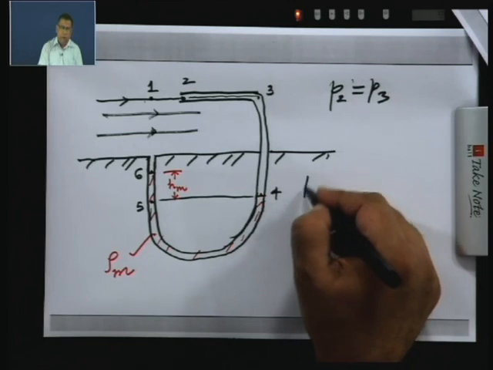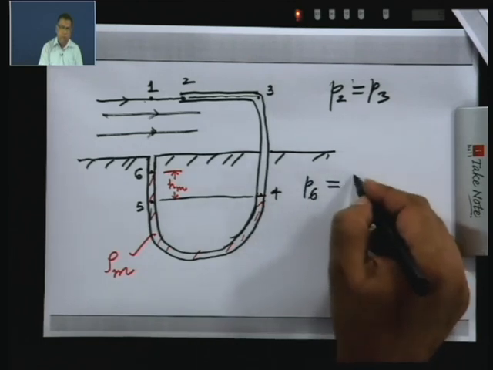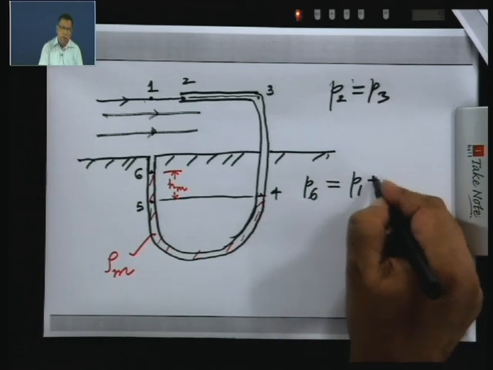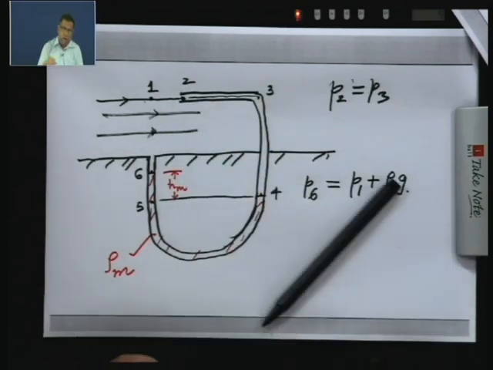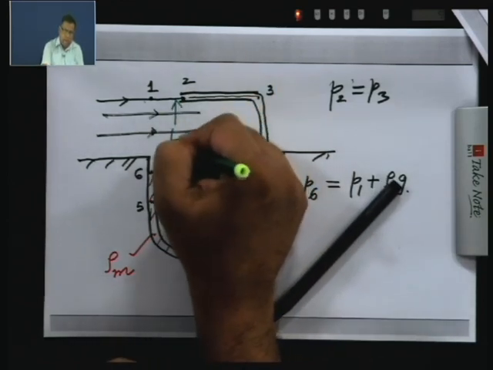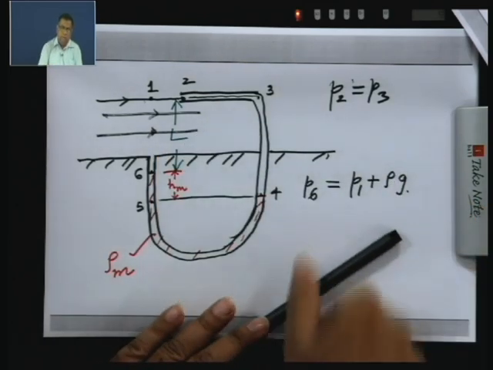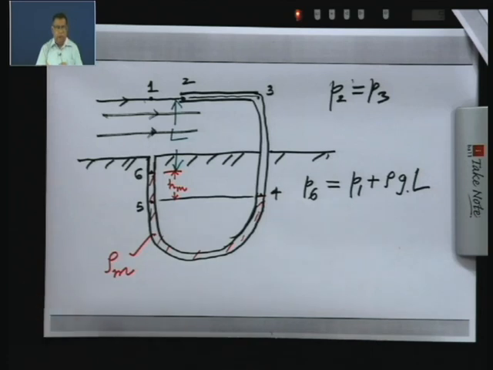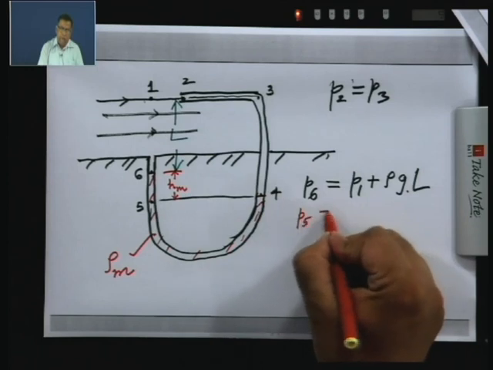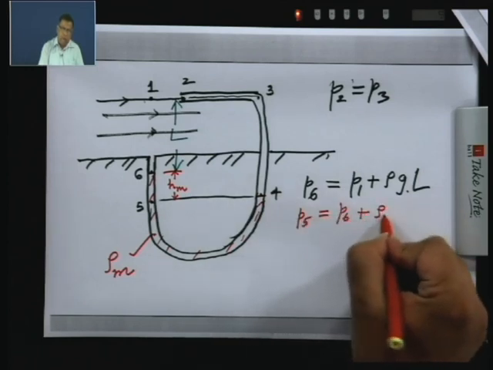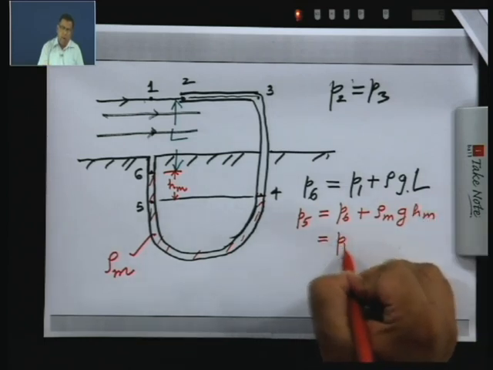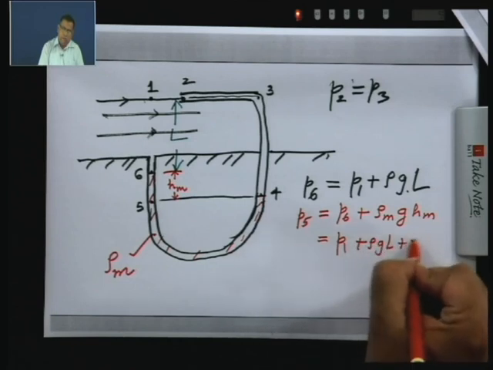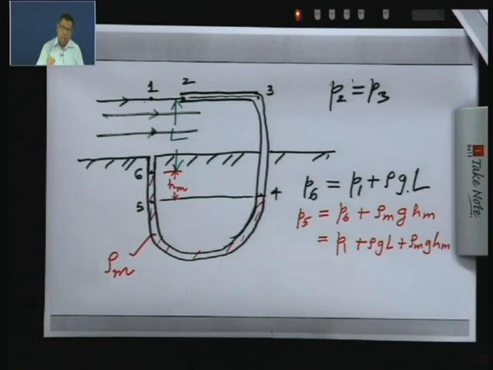P6 is going to be equal to P1 plus rho g times, if I denote this length by L, P1 plus rho g L. Now, P5 will be P6 plus rho m g h m, which is the same as P1 plus rho g L plus rho m g h m.